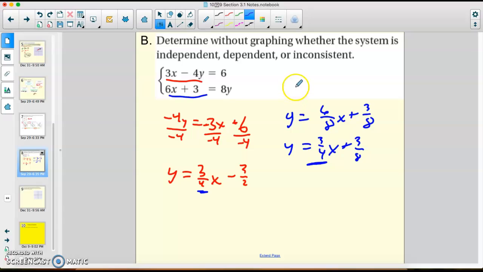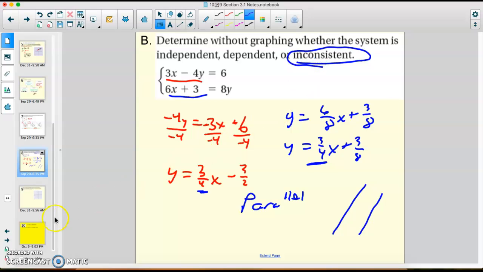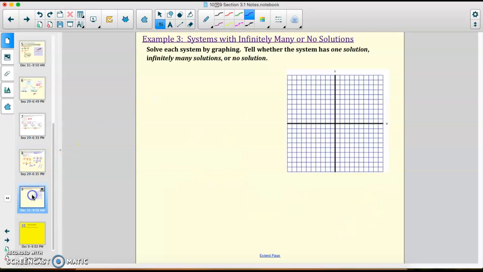Same slope, isn't it? And so we know that they're parallel. And so there's no solution. They're going to be running kind of like this, and so it's an inconsistent system. If the slopes are different, that's a good sign. If the slopes are the same and the y-intercepts are the same, then it would be infinitely many.